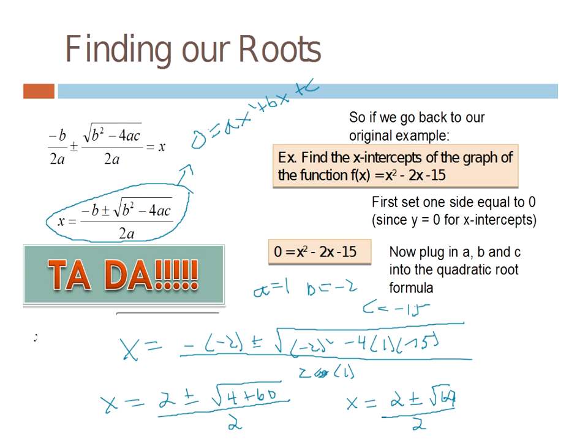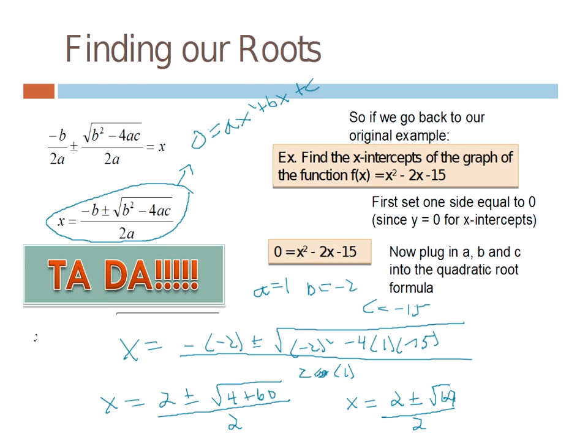So, I'll add a page here. So what we have, x equals 2 plus or minus 8 all over 2. Now remember, when we do this, the numerator is implied to be in brackets. So it's the denominator, but there's nothing to do there.